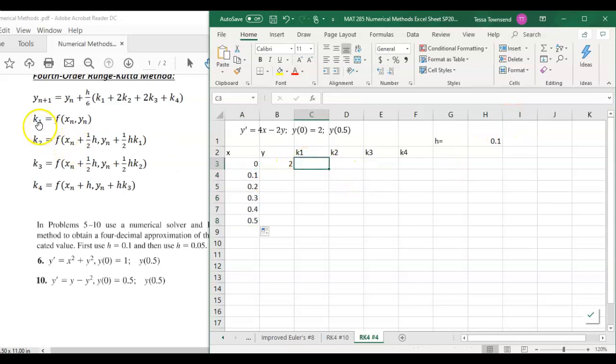So now we need that K1. K1 is evaluating the differential equation at the current xy. So our differential equation is 4 times x minus 2 times y. So equals 4 times x minus 2 times y. K2 evaluates the differential equation at x plus half the step size and y plus half the step size times K1. So this is going to be equal to 4 times x, but our x is 0 plus the step size over 2.